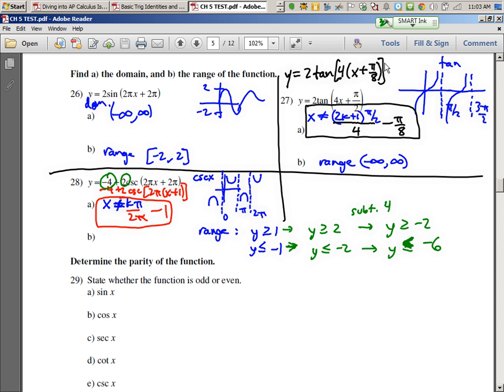And this gives me my new range, which I will write as: the range is negative infinity to negative 6 and negative 2 to infinity.